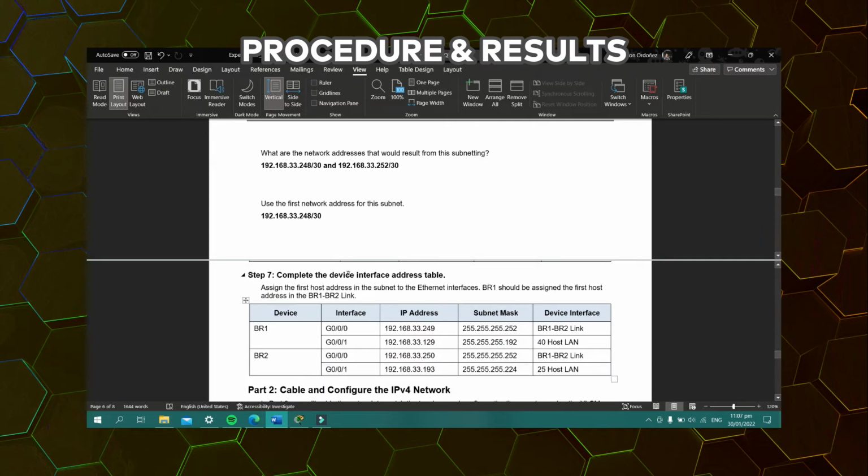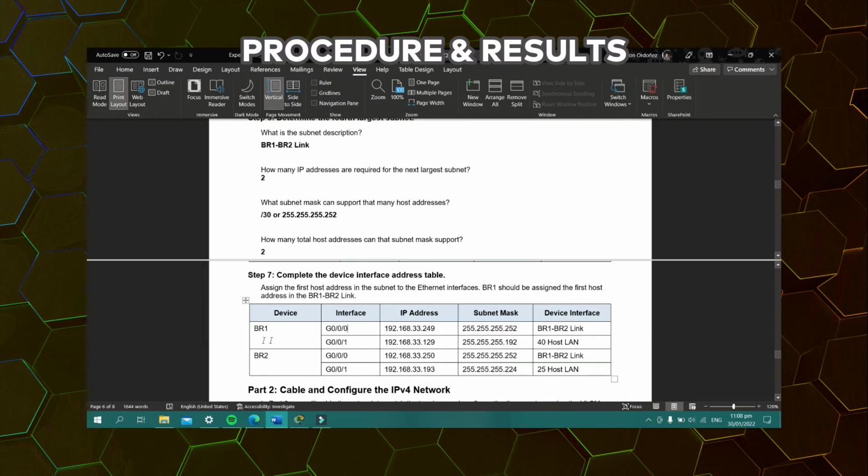For step 7, complete the device interface address table. Okay, so for BR1, the interface would be G0/0/0, and the subnet mask is obtained from there. So for BR1 G0/0/0, the subnet mask is 255.255.255.252, since we would use the BR1, BR2 link, or /30 here.